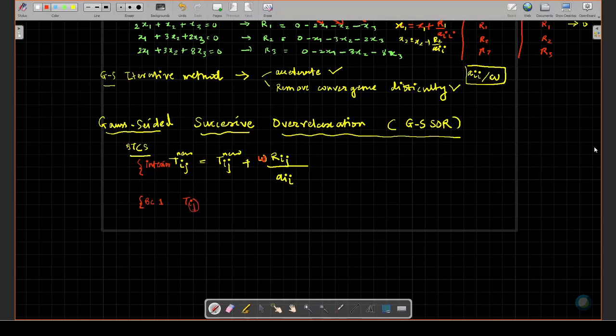This new Tij will equal the old Tij at these boundary points plus omega times Rij of the boundary, R boundary. Let me write B1. This will be boundary 1, and this also boundary 1, but I hope you understand. And Aii of the boundary 1.